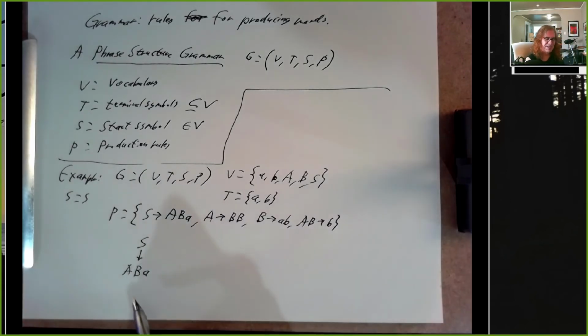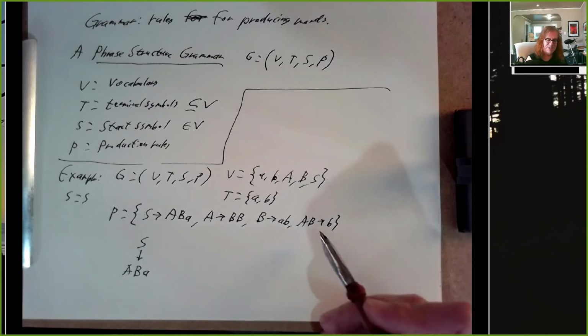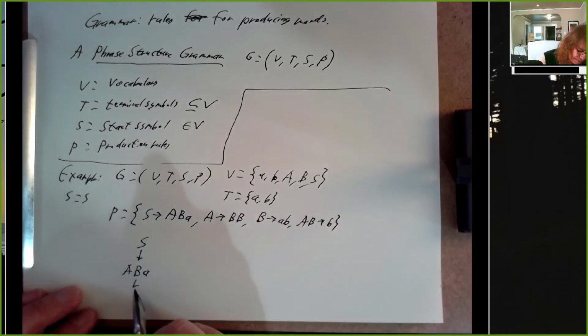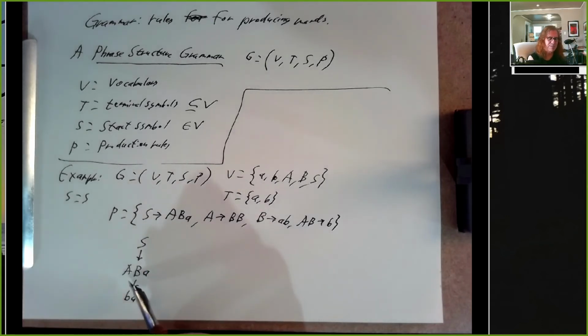Okay, this is not yet a word over my language because it's not made up of just terminal symbols. But for example, this AB can be changed into a B, which means from my start symbol I could go to uppercase A, uppercase B, lowercase a, which means I could go to just lower b, lower a. And that's a word over my language.